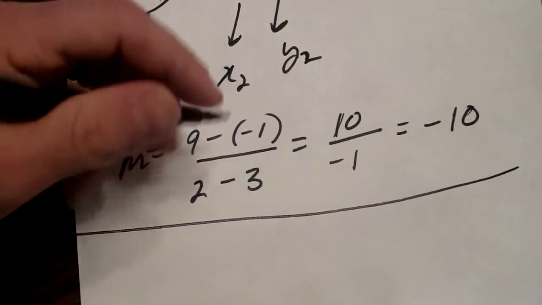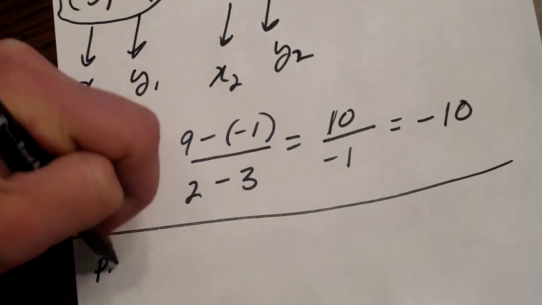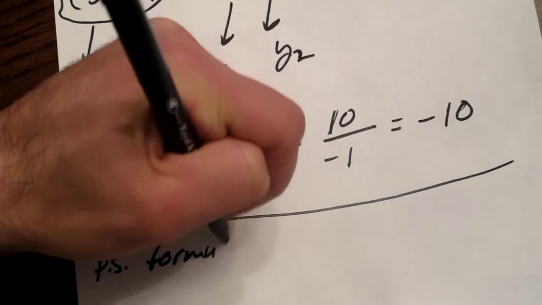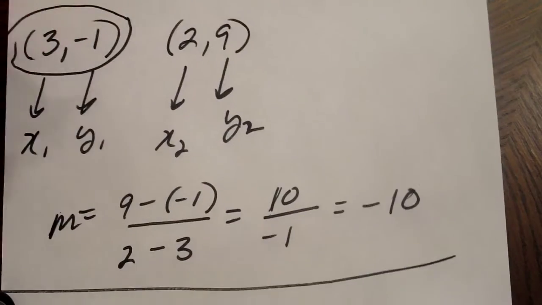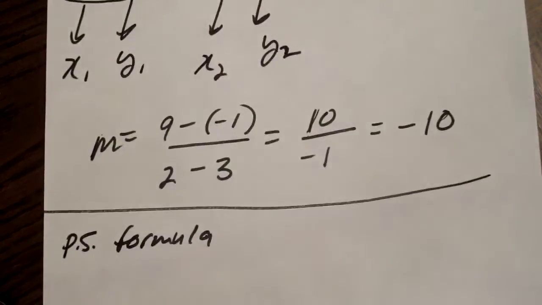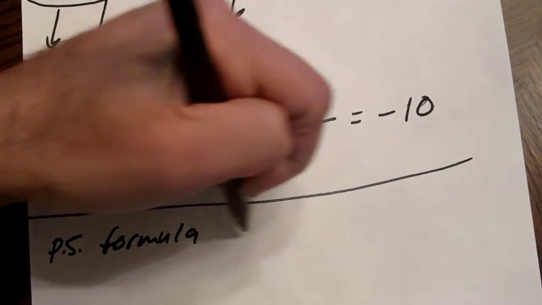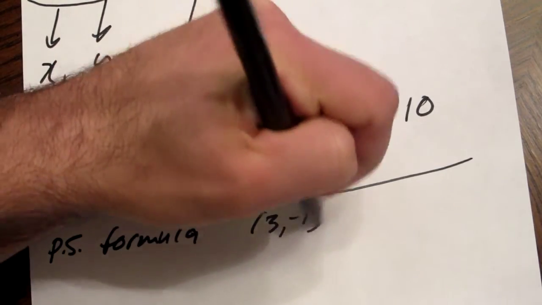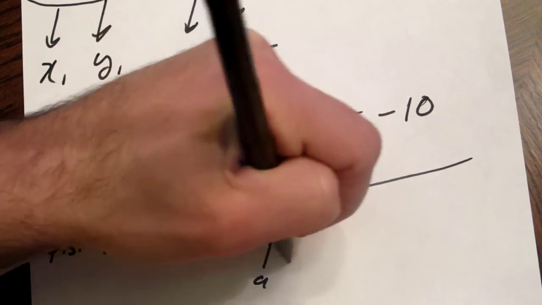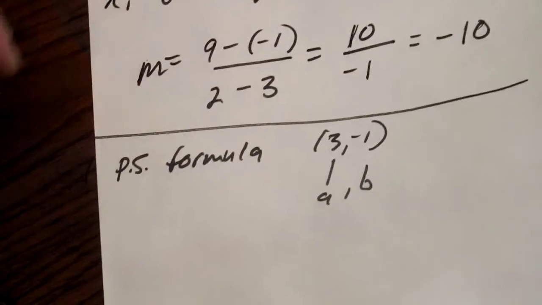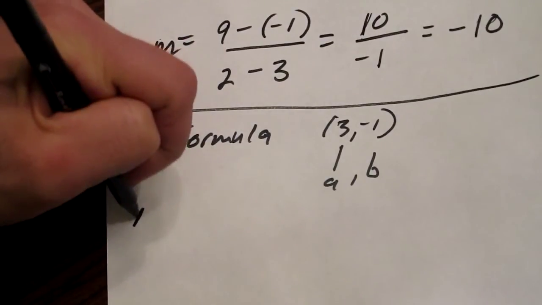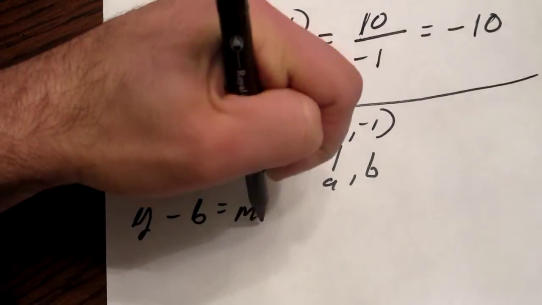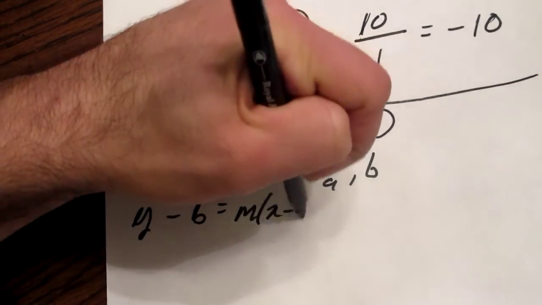So the point slope formula we're going to use, 3, minus 1, say a and b. So we have y minus b is equal to m times x minus a.